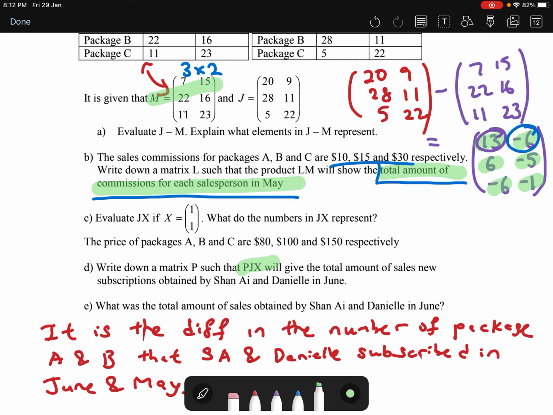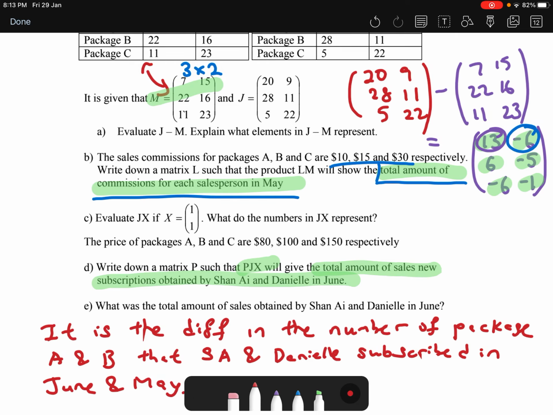Same thing, we need to determine what this represents. This basically tells us how much Shan Ai and Daniel earn in June.